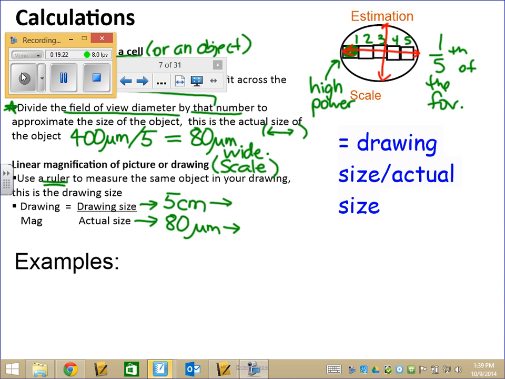Now, they both have to be the same unit, but there's no rule that says which unit they actually have to be. And you can do whatever you prefer, but I'm going to make a suggestion. I think that most of you are aware that there are 10 millimeters in a centimeter. And if you forget, you can just look at your ruler and count. That's something that people are usually familiar with.